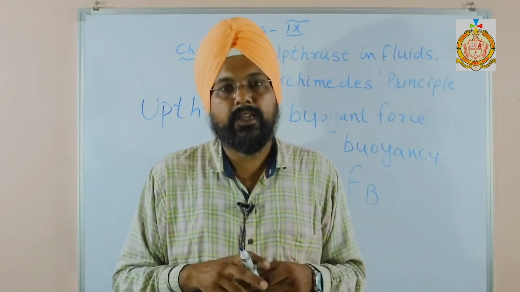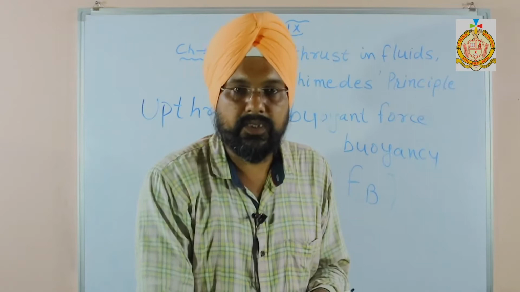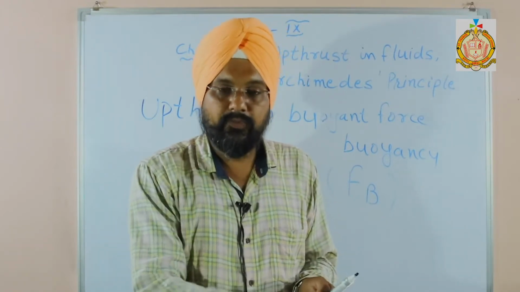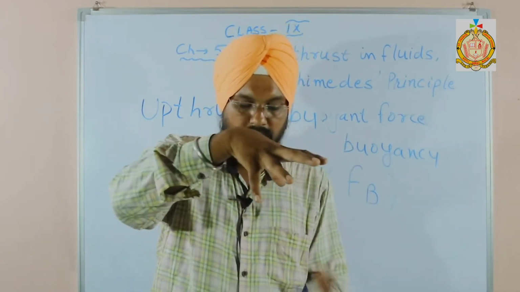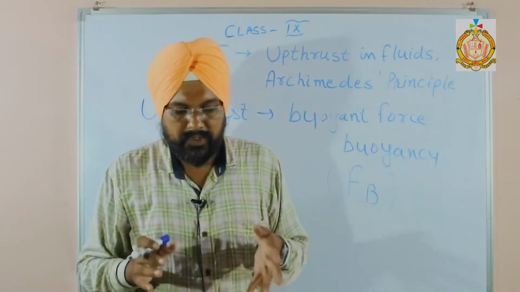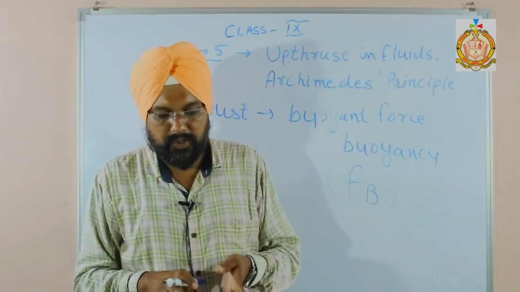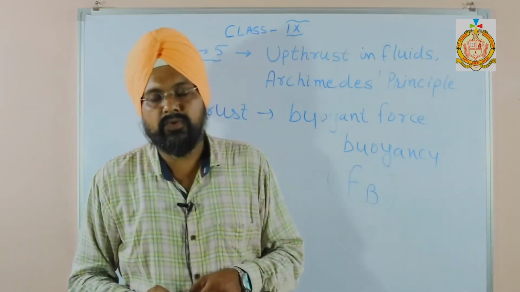It floats with a larger portion above. If you try to immerse it to the bottom of the tub, you will feel a force applied upward. If we push the can into the water, we feel an upward force which opposes the push, and we find it difficult to push the can further into the water.